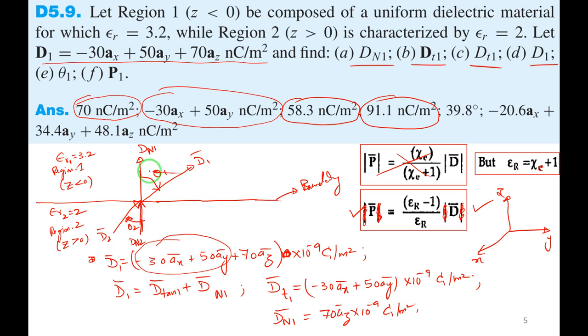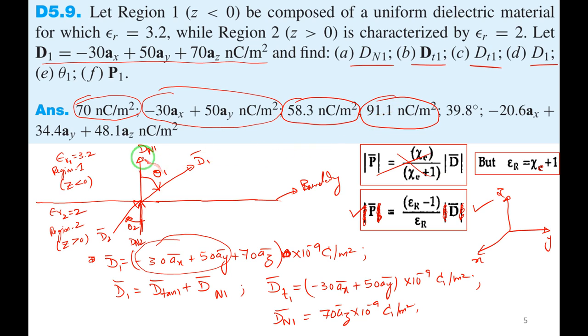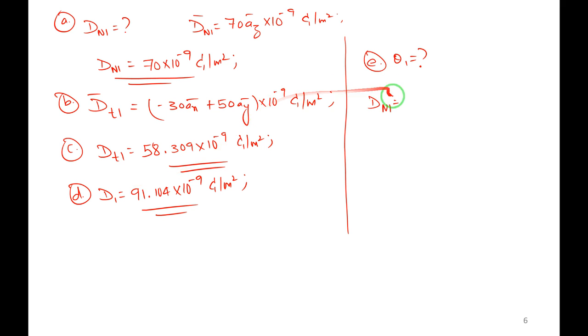Next, they asked for theta 1. What is dn1? By looking at the diagram, dn1 is equal to d1 cos theta 1. I am taking just the magnitude, not the vector.